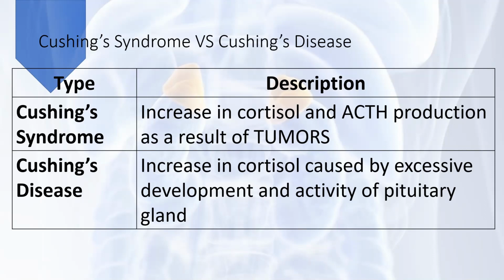In what way? Number one, take note that Cushing's syndrome is increase in cortisol and ACTH production as a result of tumor. Because this tumor mimics the action of the cell. Kung nagsisekret ng ACTH, edi nagsisekret din siya. Okay? While Cushing's disease is an increase in cortisol caused by excessive development and activity of pituitary gland.